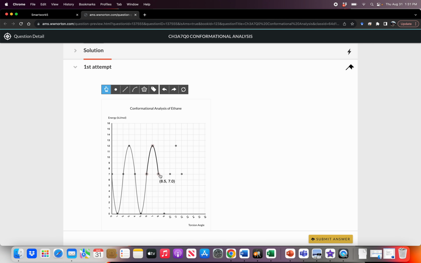Whoops. Select just that point. There it is. You can see it gets a little darker when you select it. 1, 2, 3. Oh, and for that one, for whatever reason, it didn't like it. So I'm going to have to undo that last one and try again.